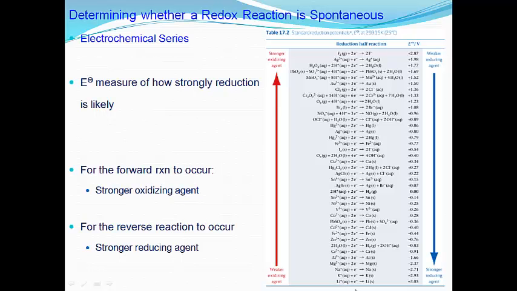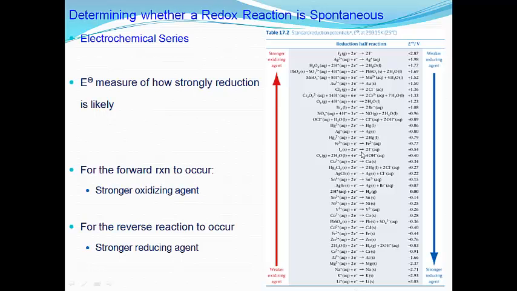So just to reiterate, when we see a positive reduction potential, it tells us that the reduction process is likely to occur. When we see a negative reduction potential, it tells us that the reduction process is not likely to occur, but the reverse process is likely to occur.